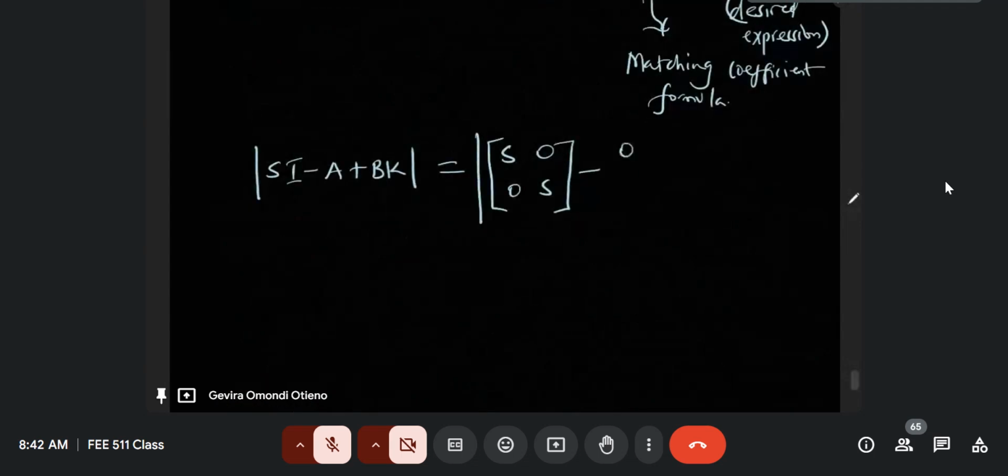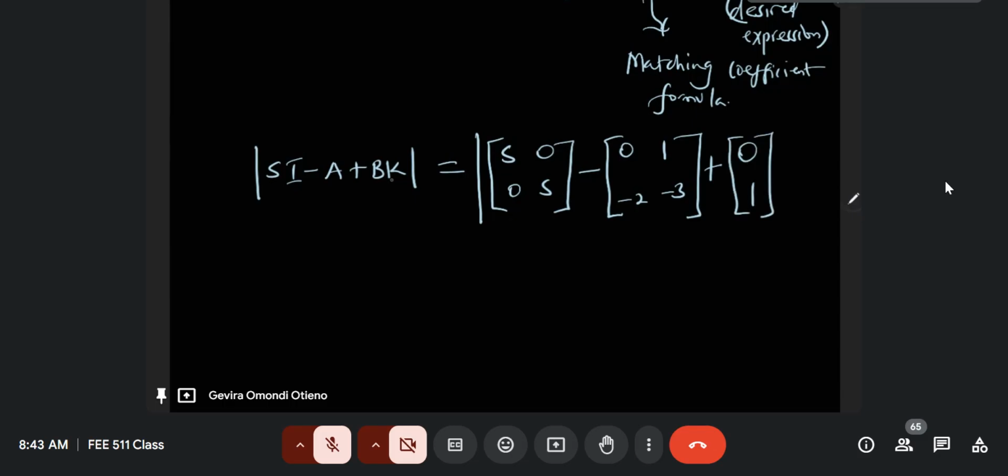So we have [0, 1; -2, -3]. That is the matrix A plus B. I remember B was [0; 1]. And then we have K. In my K, I will write K1, K2. That is the matrix for K. And then we get the determinant.